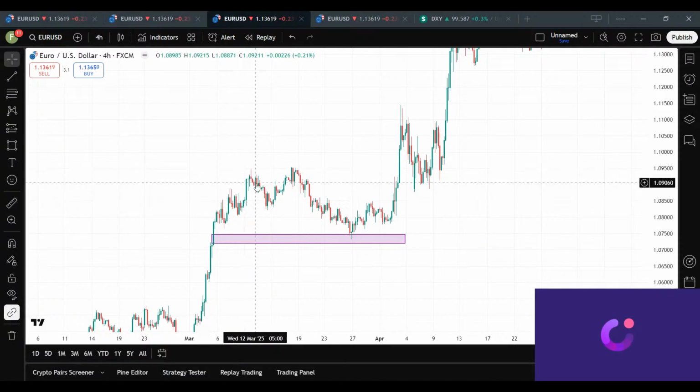Do you see this? Here it went out and took out this high a little bit. It was trapping buyers here. But if you look carefully, you see that we didn't have a PDRA here, so we couldn't have taken this position. That's why we had to wait until we got here. There's a PDRA, we have a fair value gap here. And look at the price delivery as compared to how it moved.